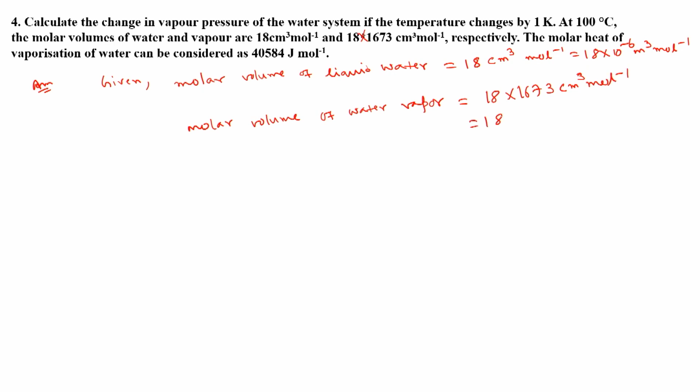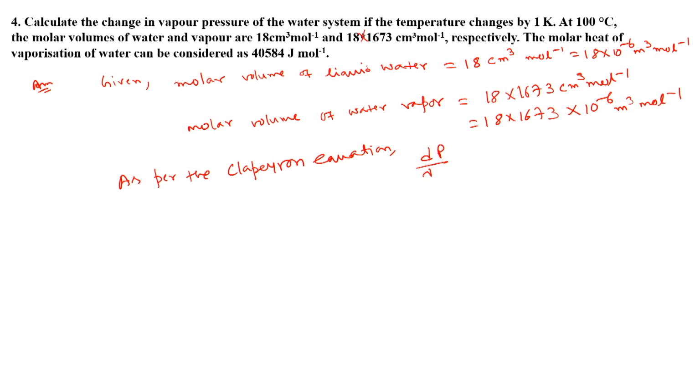So, we get 18 times 1673 times 10 to the minus 6 meter cubed per mole. So, as per the Clapeyron equation, we know dP by dT gives delta H vaporization by T times (Vg minus Vl).